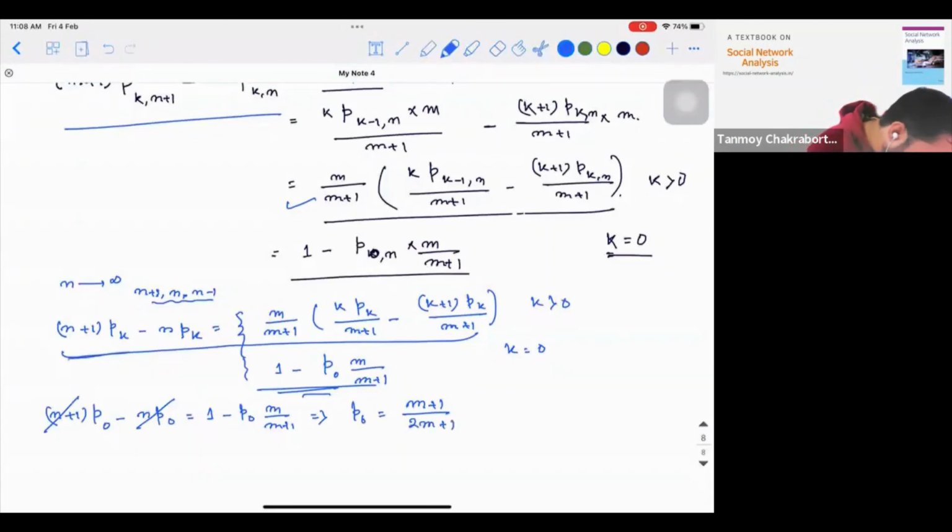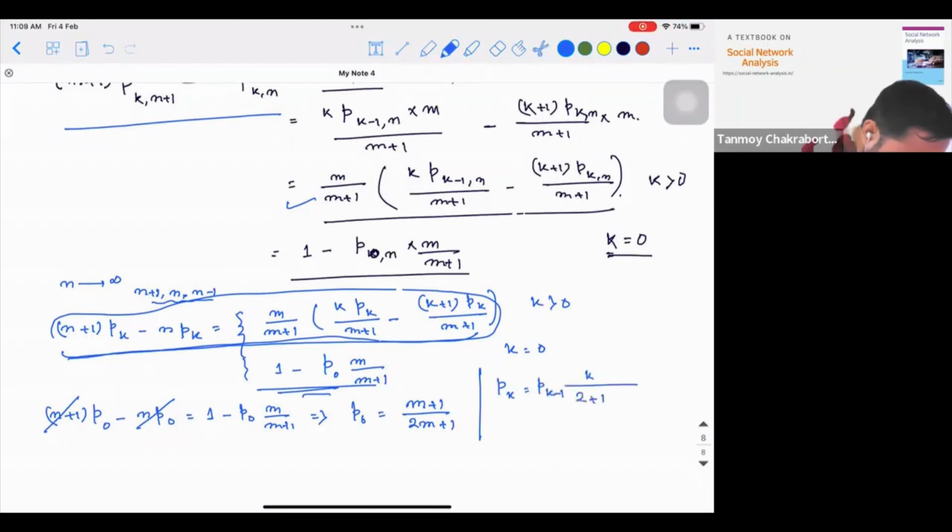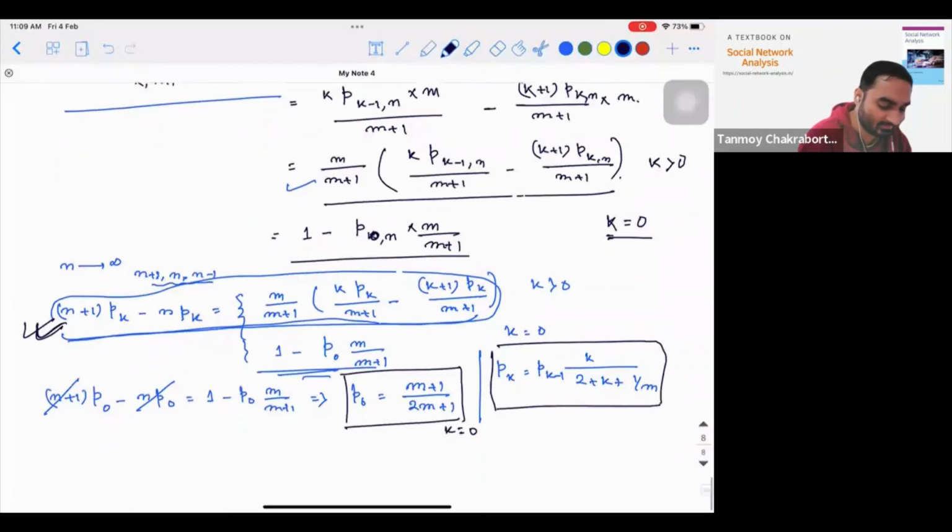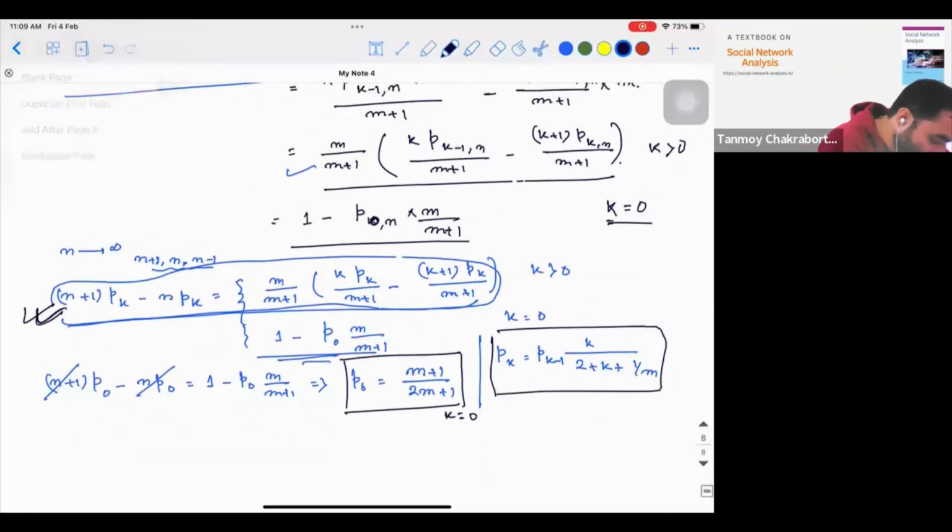And similarly, if you adjust this equation, you will get pk equals p(k minus 1) times k by 2 plus k by (1 plus 1 by m). So we have two corner cases: one when k equals 0, and when k is greater than 0 you have this one. You see, this is again a recurrence formulation.